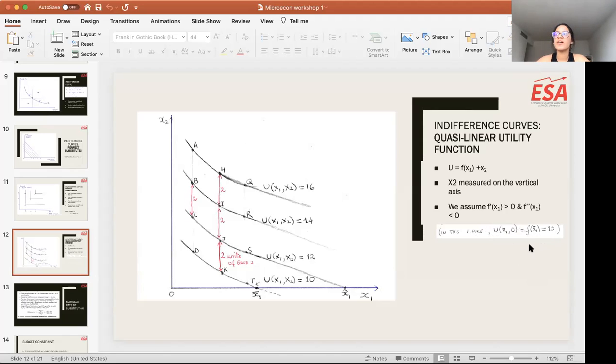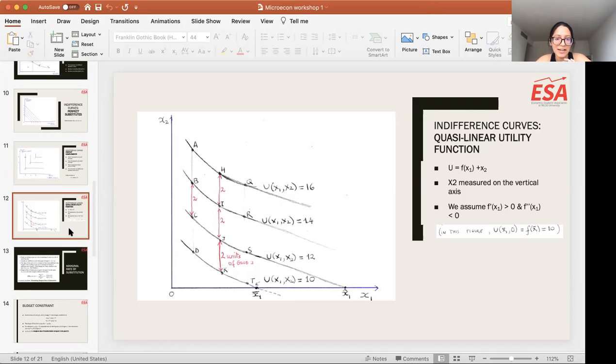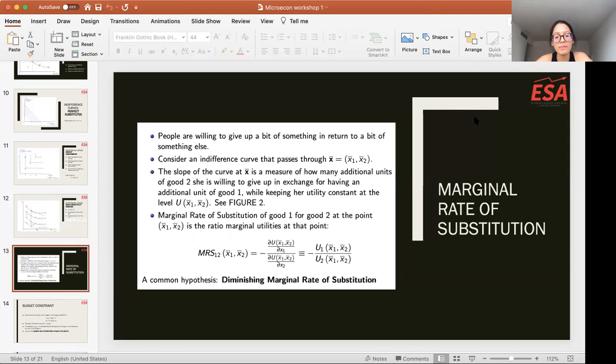They'll give you a concrete value, and then you have to make a graph out of it. I don't think I'm explaining this one very well, so I will move past it and write some notes about it. When I put up the PowerPoint, I'll explain it better. So I'm going to move on.